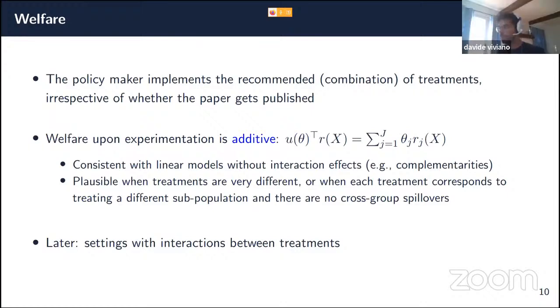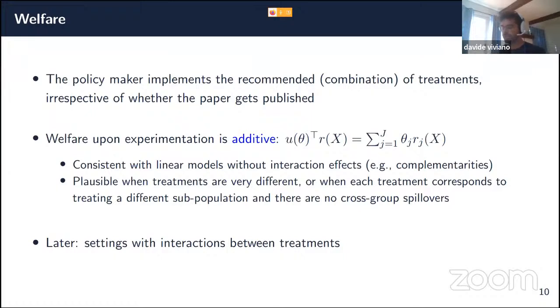Now, the policymaker implements the recommended combination of treatments, irrespective of whether the paper gets published. This means that if the researcher runs the experiment and writes up the paper, then whatever is written in the paper will be implemented, no matter what, whether the paper is published or not. You can think about this framework from two different perspectives.